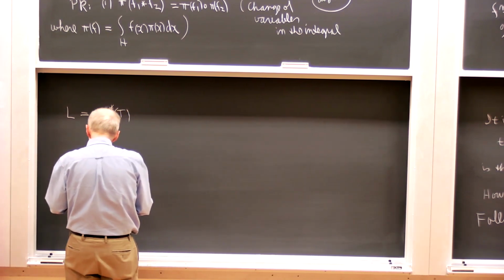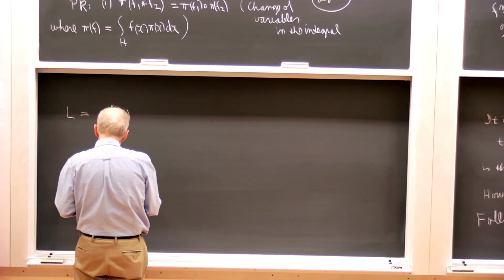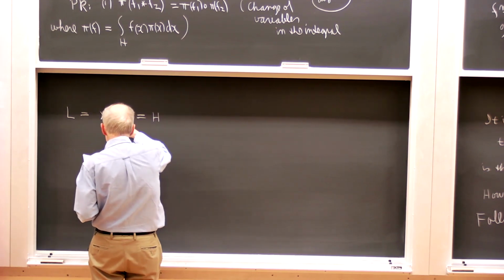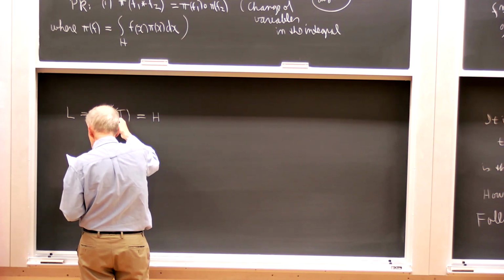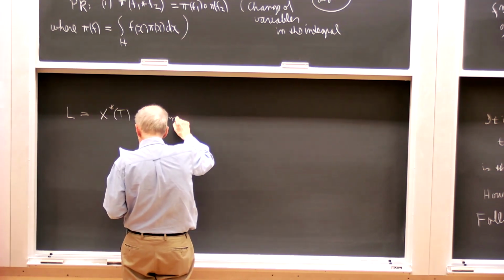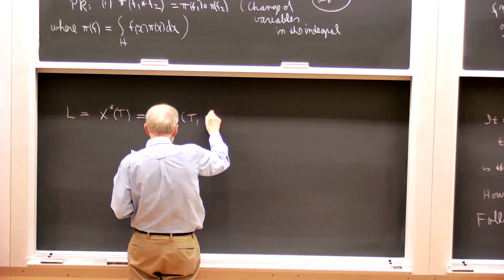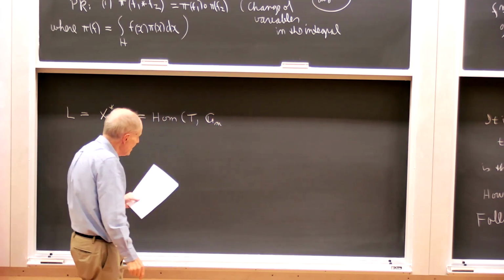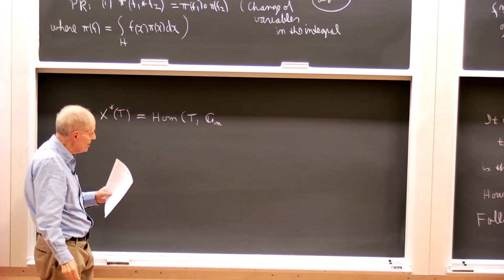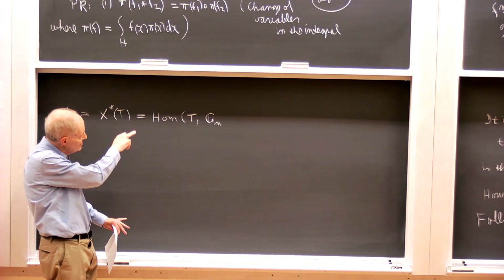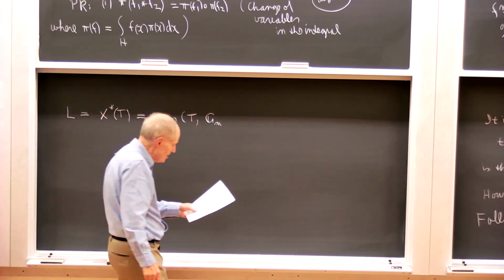And so one writes X star of T for Hom(T, G_m). G_m is also to be regarded as an algebraic group. It is another way of writing GL1, but I'm not talking about the group of points. I'm talking about these simply as algebraic groups.